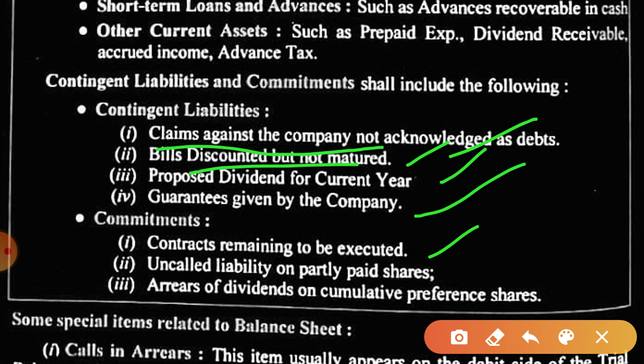Well reputed companies do like this, for them time is an important tool. For that purpose they give commitment of the quality of the goods, or completion of a work at a particular period of time. Then uncalled liabilities on partly paid shares and arrears of dividend on cumulative preference shares.